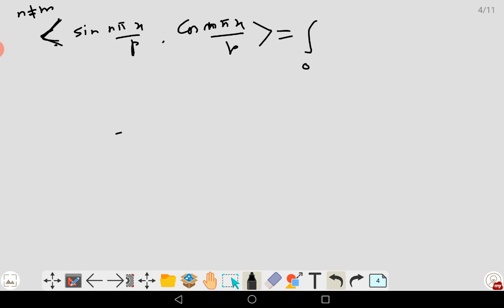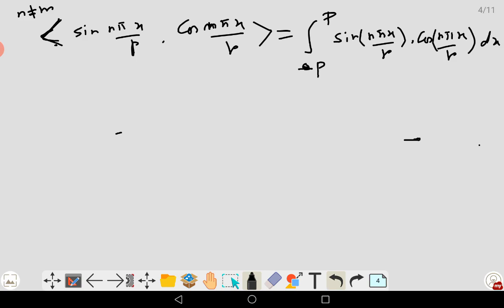This is the integral from negative p to p of sin n pi x over p multiplied by cosine m pi x over p dx. This is sine and cosine.